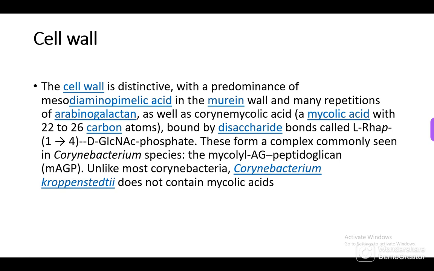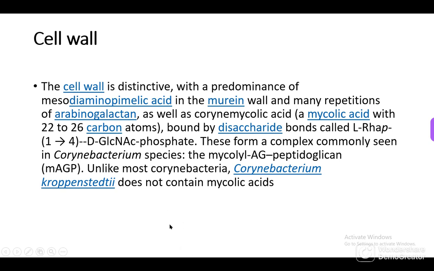If the wall ruptures, releasing meso-diaminopimelic acid, murein, and mycolic acid, they generate endotoxins, and these are the pathogens. They act as exogenous pathogens.